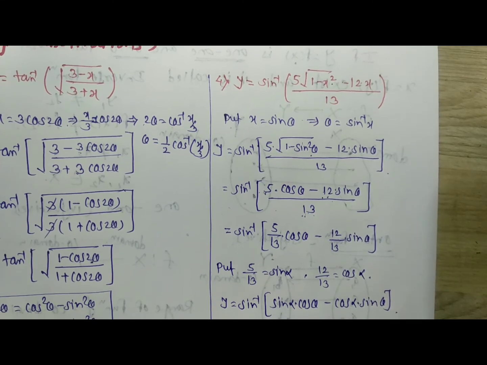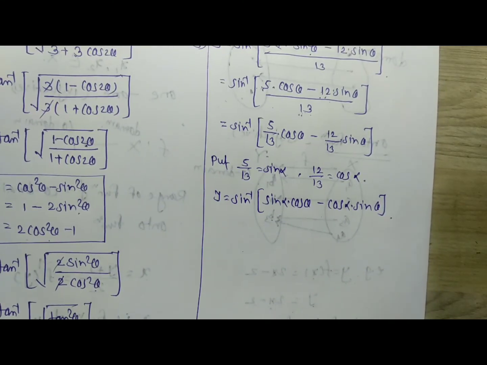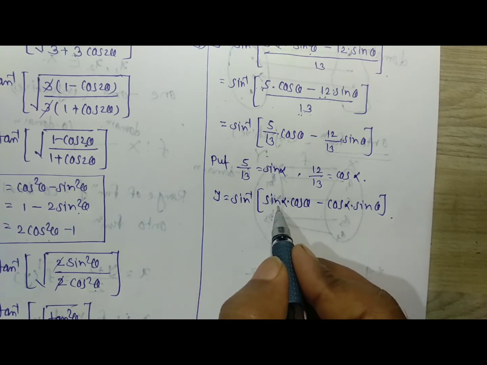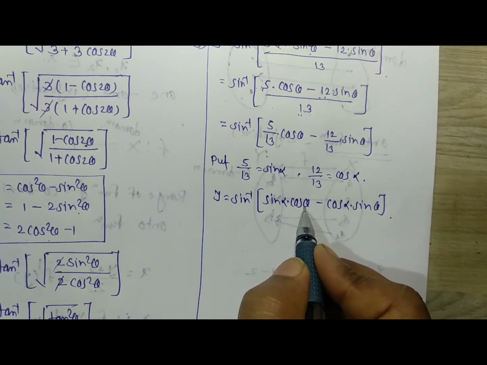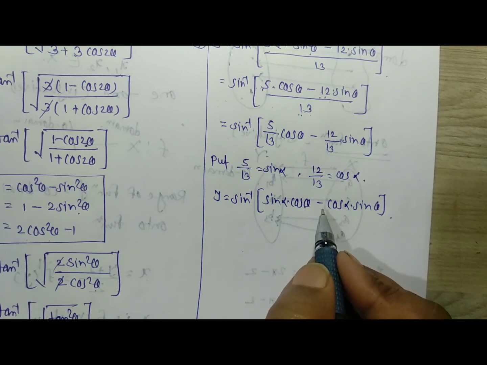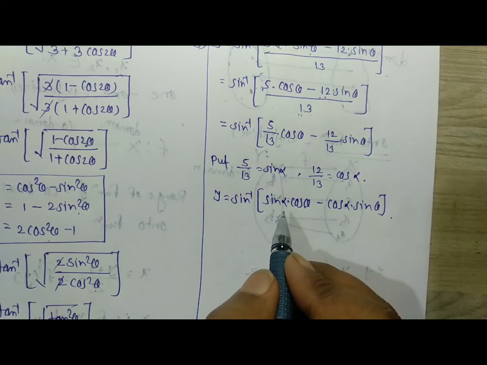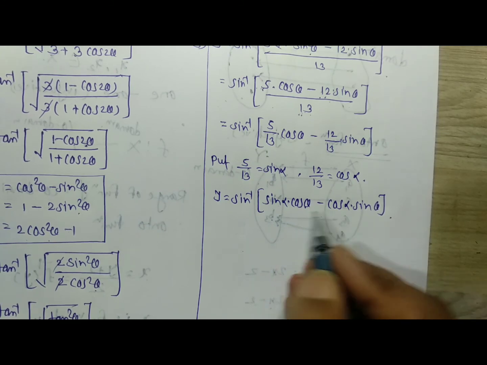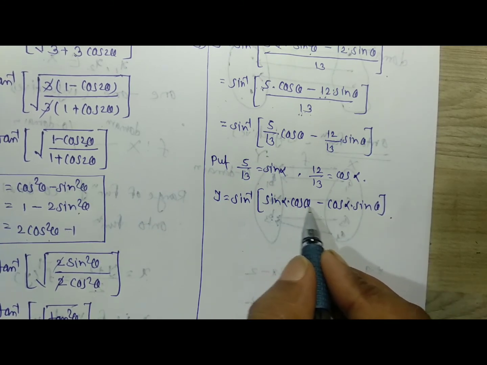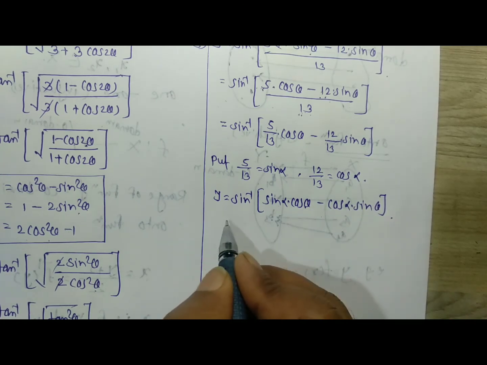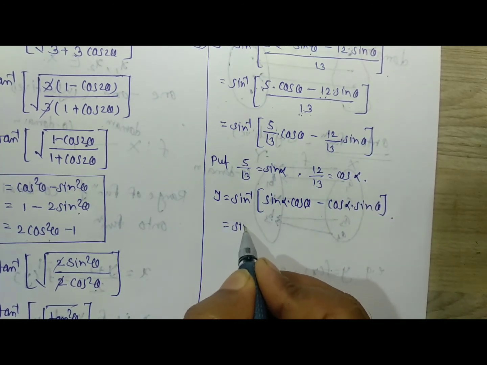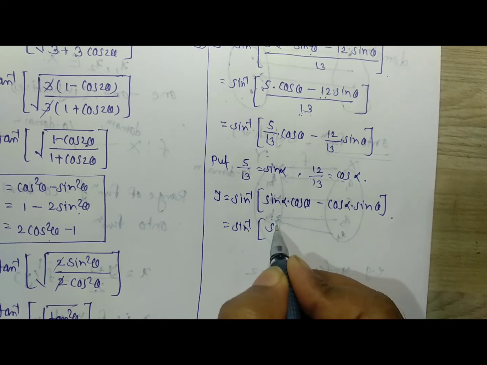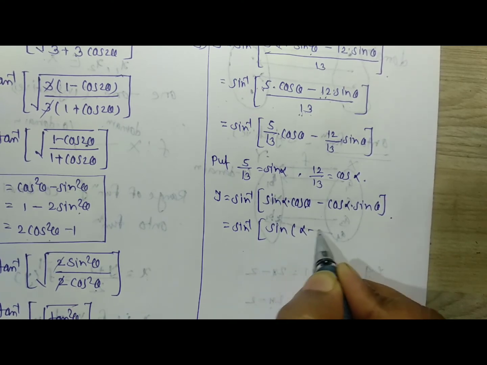Therefore you will get sine alpha cos theta and cos alpha sine theta here, and by using the formula sine A cos B minus cos A sine B, you will get sine inverse inside the bracket sine of alpha minus theta.